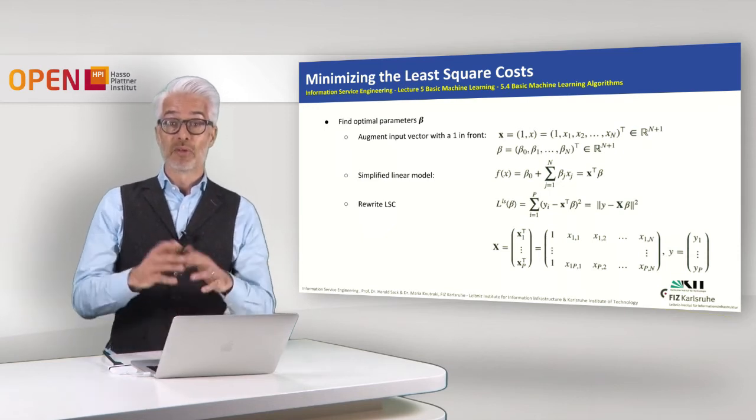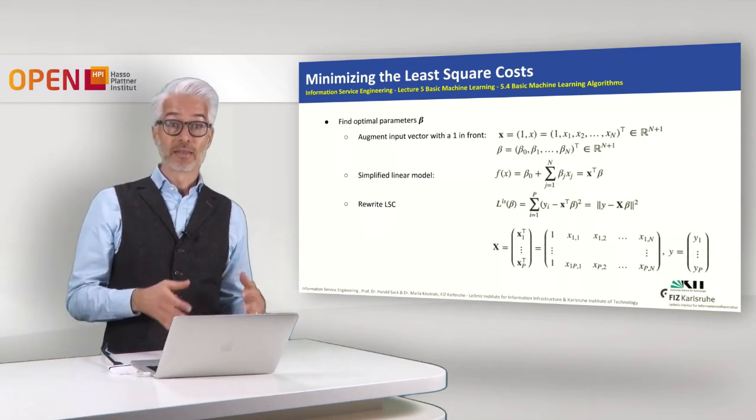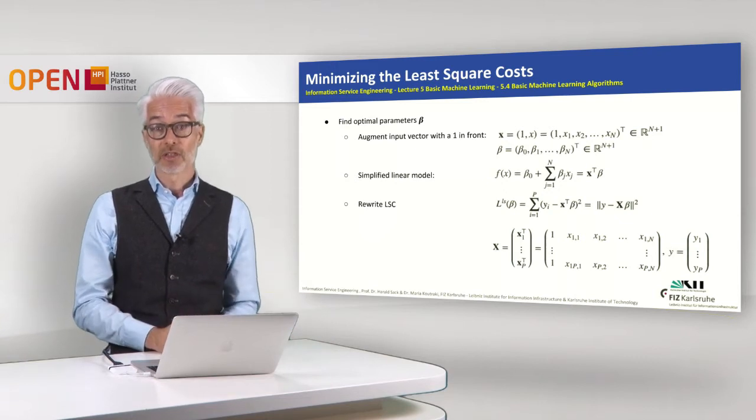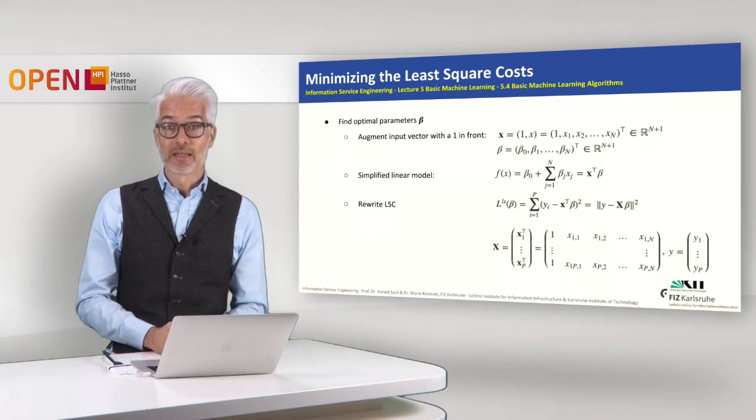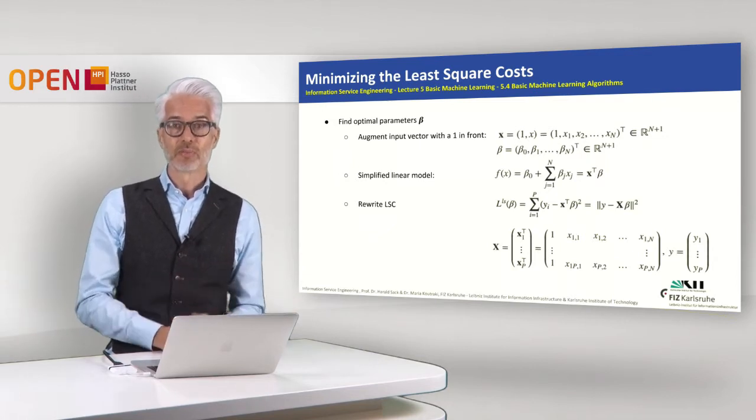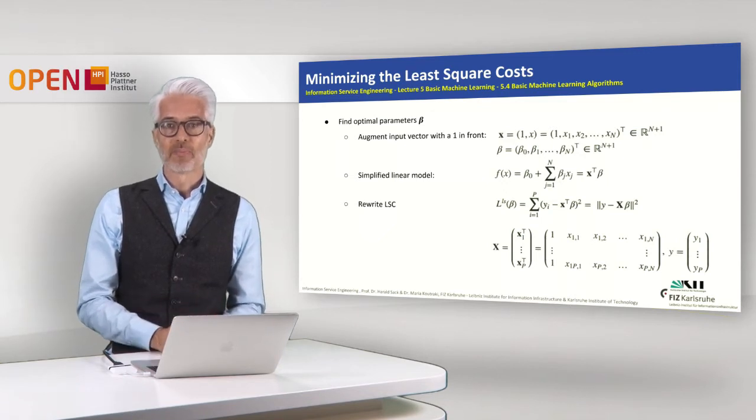That's it. And with the help of that we can also rewrite the least square cost function and make it much simpler. In the end we have something like you see here, a norm between y, which is the output vector, and the inner product of x with beta, and all of this has to be squared.